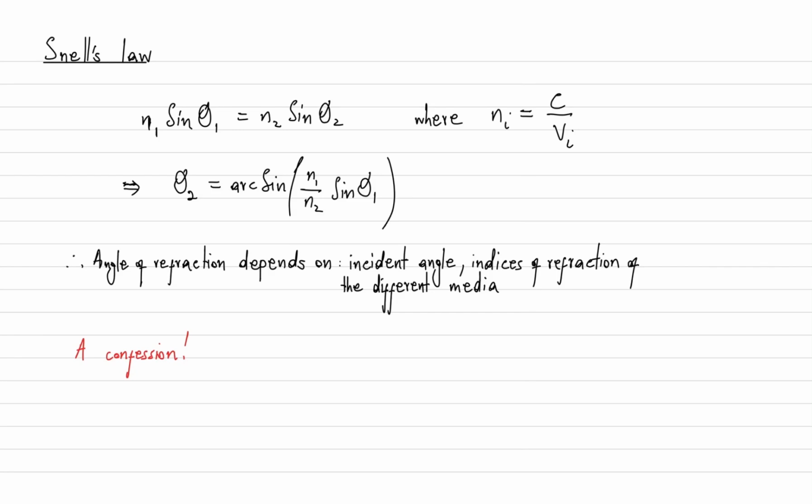However, so far I have not been fully upfront with you. I have hidden some facts. For instance, I suggested that the index of refraction, say for water, was 1.333. Well, this is not entirely true.